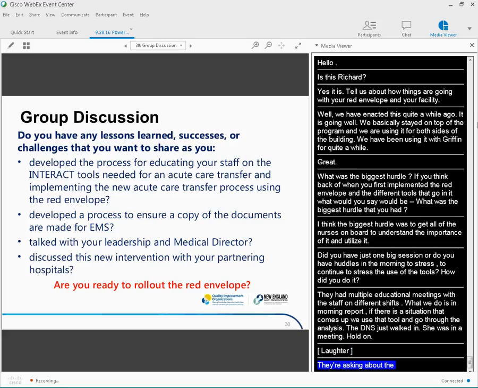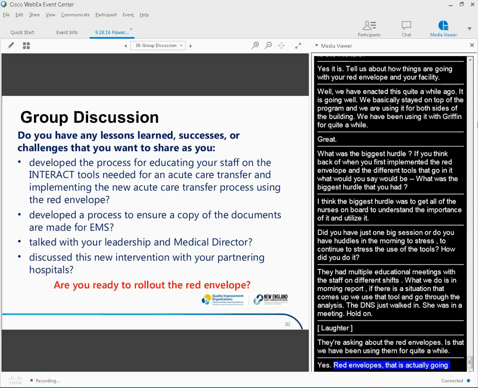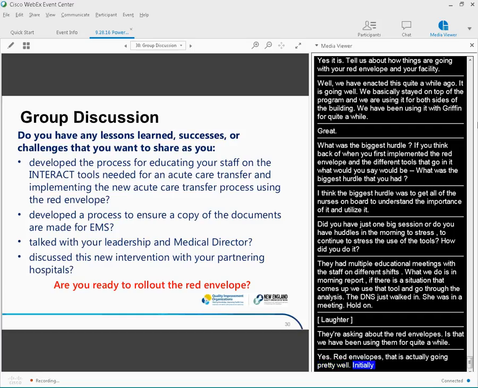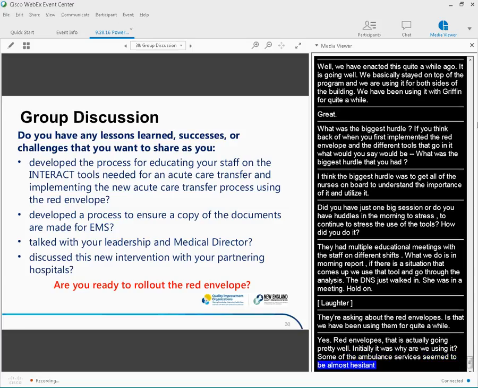Yeah, red envelopes, that's actually going pretty well. Initially it was, why are we using it? Some of the ambulance services seemed to be almost a little hesitant or made little comments that people didn't really care about them. But we still insisted we were using them.